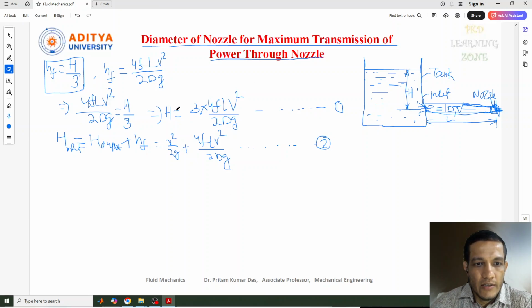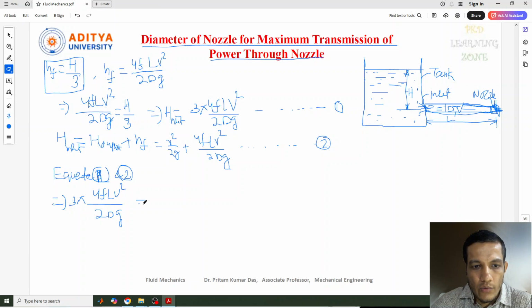Now in both, H inlet is the same. If we equate these two equations, equation 1 and equation 2, we can write 3 into 4fl v square by 2dg equal to v square by 2g plus 4fl v square by 2dg.